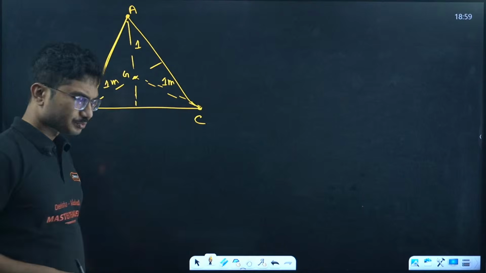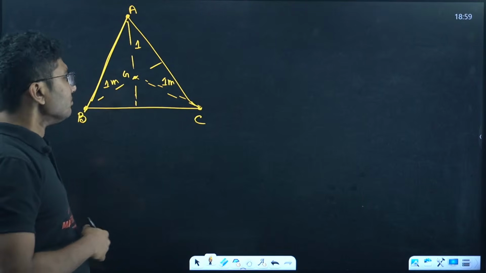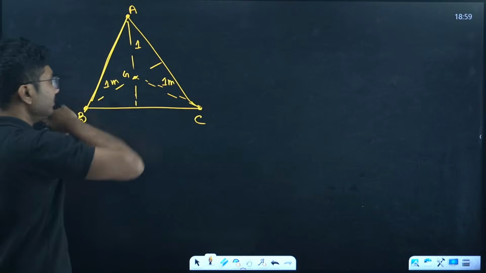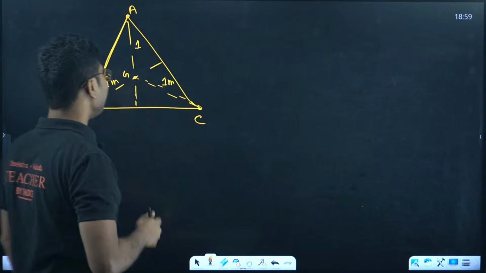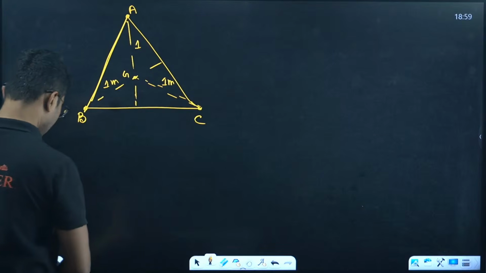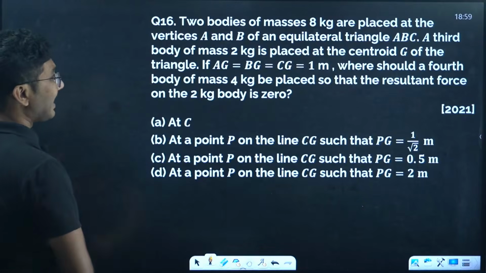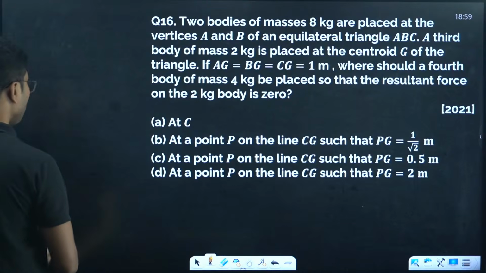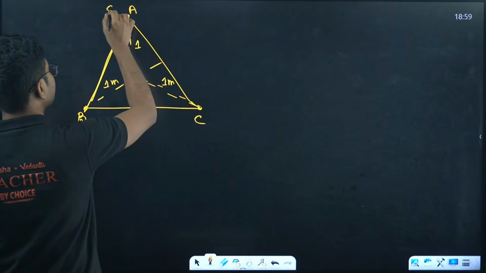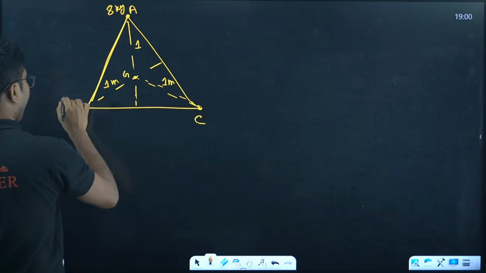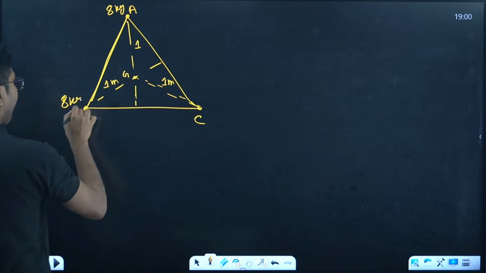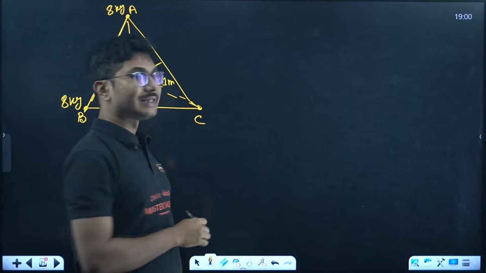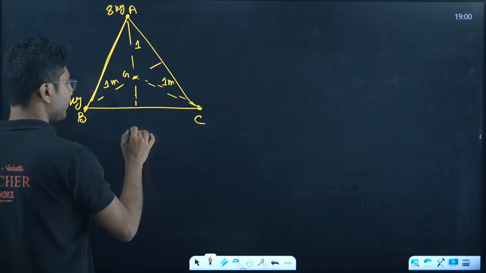Okay, now what? Now you have to find. Here we have, I forgot, the mass 8 kg. So both are 8 kgs. Now the mass that we have in our hand is 4 kg.